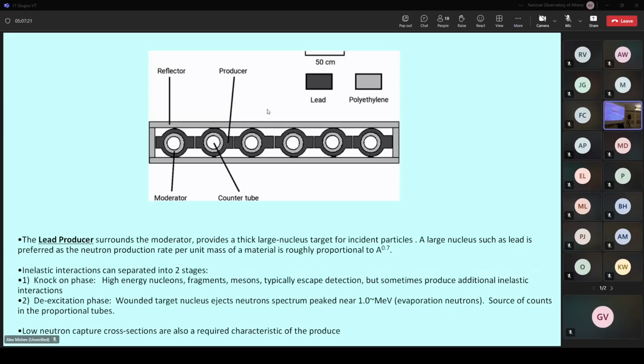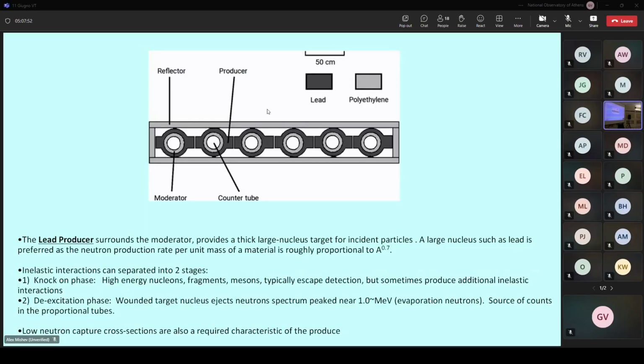The second component is the lead producer. It serves to increase the statistics artificially by n to 2n or 3n reactions. For this purpose, we need large nuclei, which is, let's say, lead, with a reduced cross-section for neutron capture.